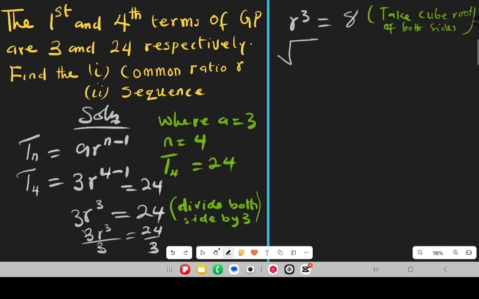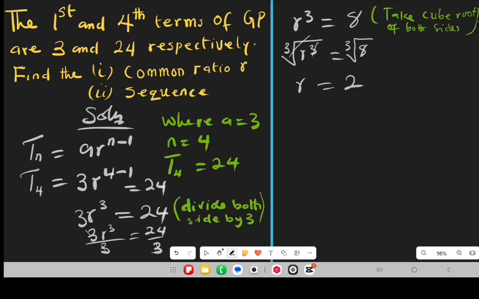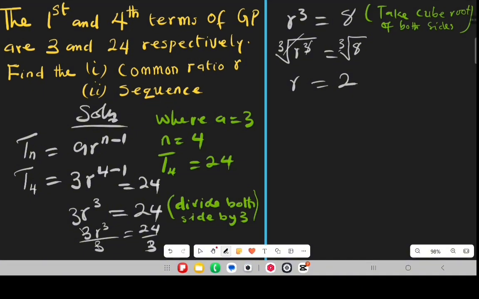That is the cube root of r raised to the power of 3 equal to the cube root of 8. The cube root cancels the cube, left with r equal to the cube root of 8, which is 2, because 2 is the smallest number that you can multiply by itself 3 times to give you 8. This answers question I, which is the common ratio.